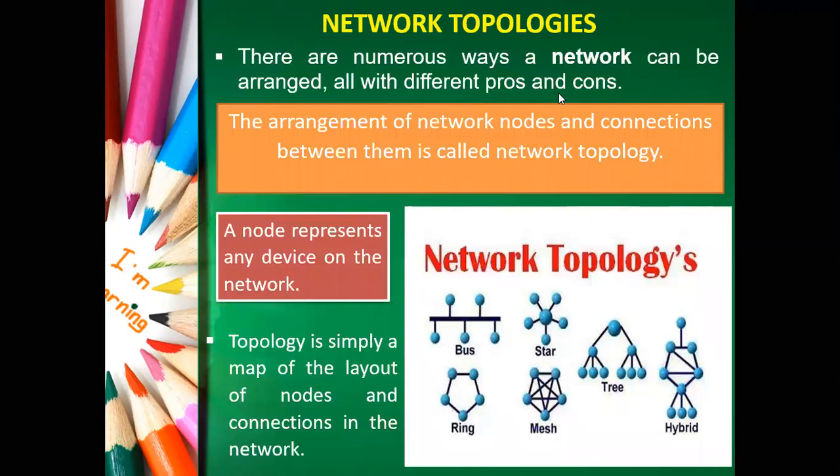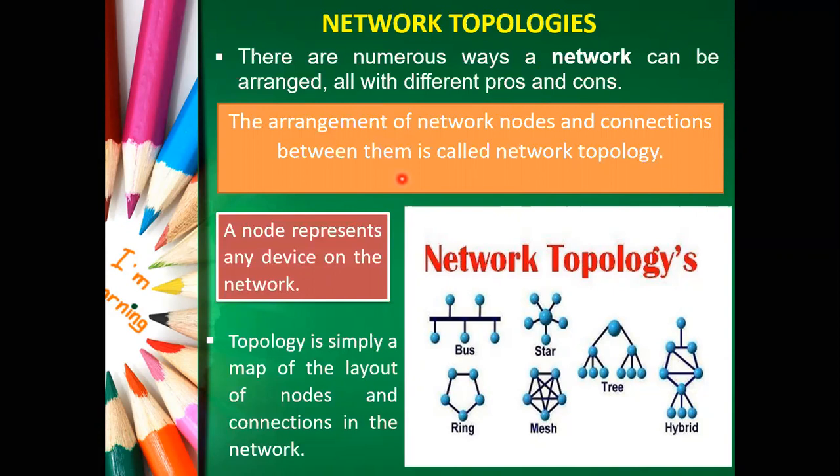Topology means the arrangement or the design of the network on the basis of different types of components that are involved in a network. The arrangement of the network can be different from one network to another, and this arrangement or design is called network topology.